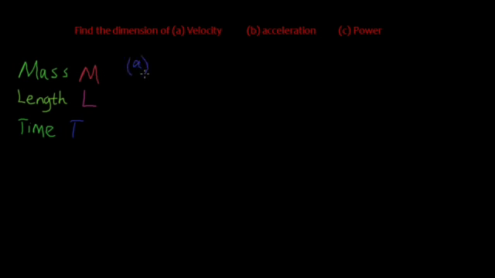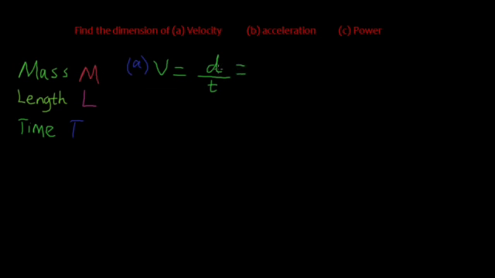Before we can calculate dimension for velocity, we need to know the definition of velocity. And what is velocity? Velocity is the distance traveled in a specified direction over time, or we can say it is displacement over time.